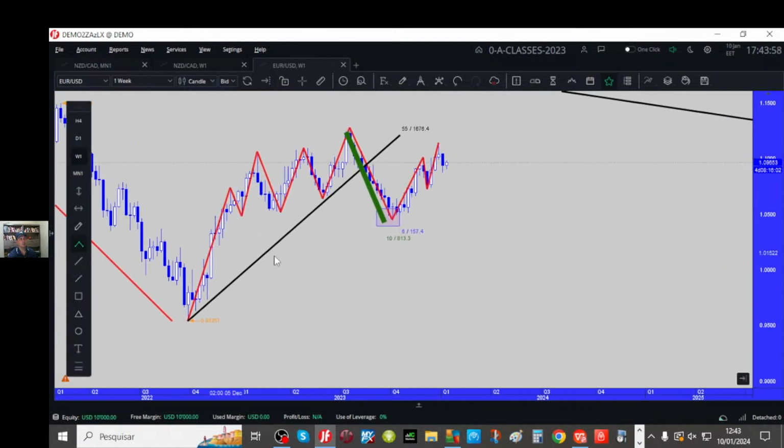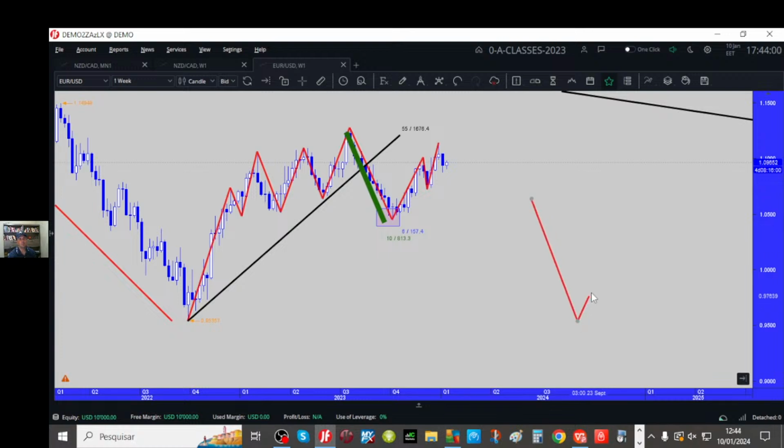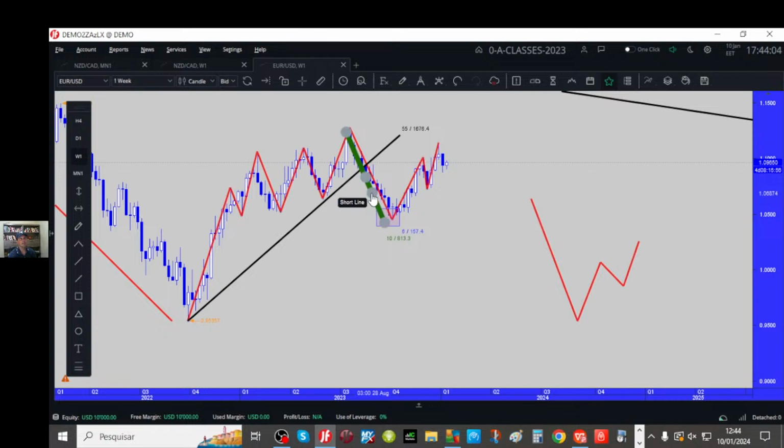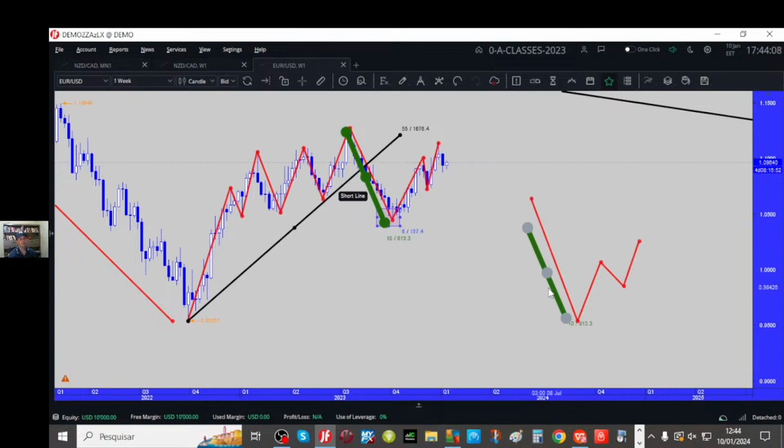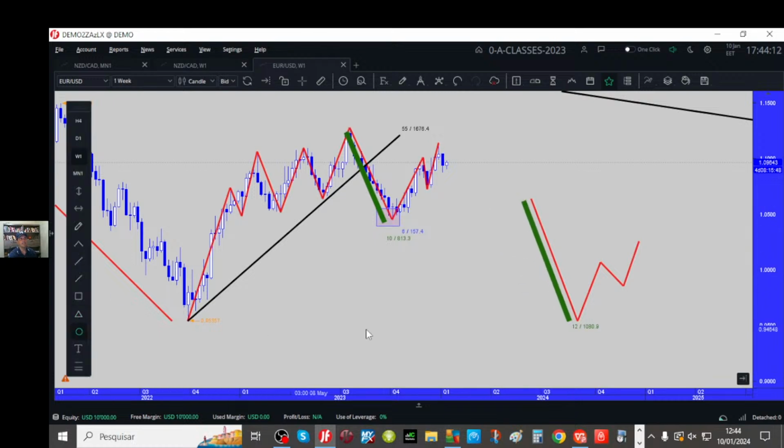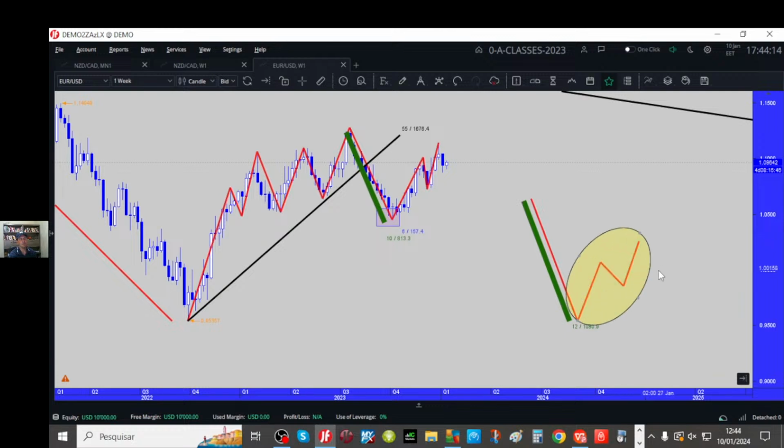So the green one being a relevant leg, what is the higher high, higher low then? The green one being the relevant leg, what is this uptrend then?